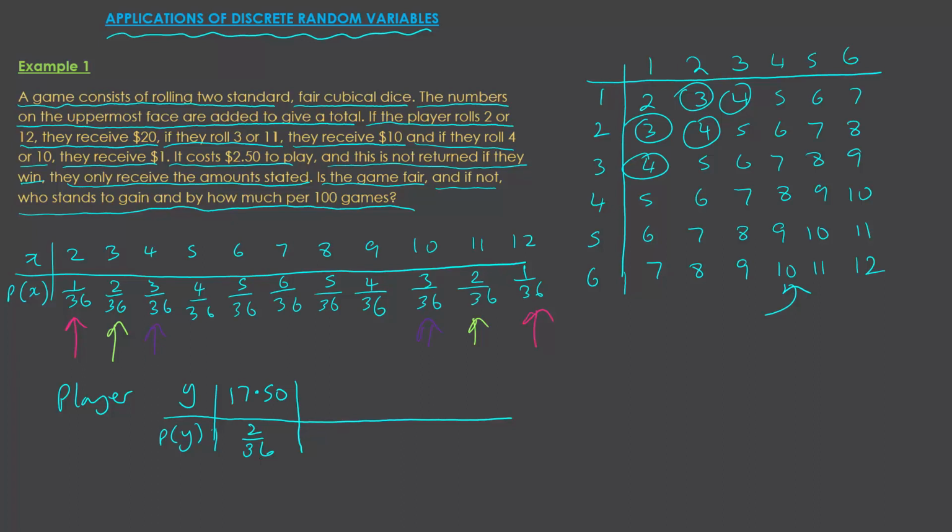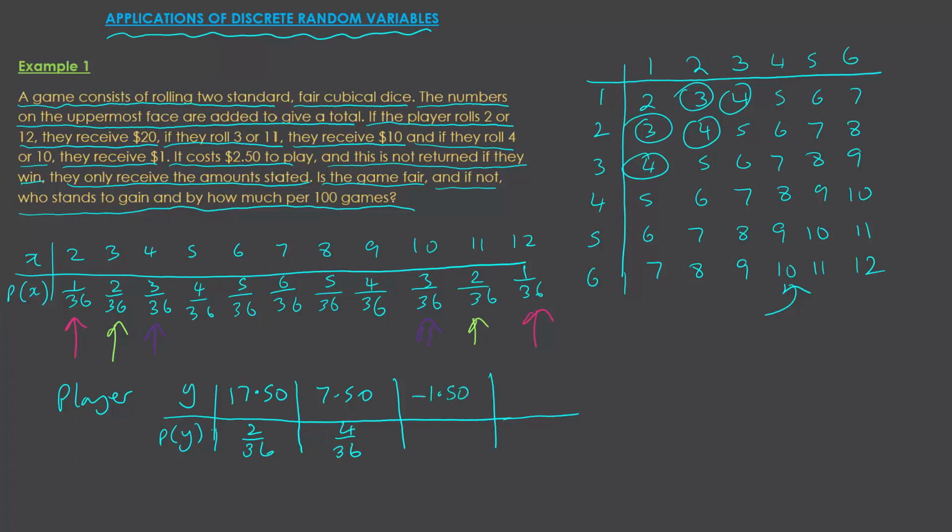We're just going to add the 1 over 36 for the 2 and the 1 over 36 for the 12. If you get the 3 or the 11, they give you $10, which means you're ahead by $7.50. And the probability of that would be 4 out of 36, since both 3 and 11 are 2 out of 36. If you get the 4 or the 10, you are down by $1.50.